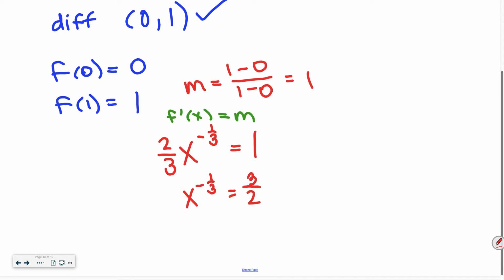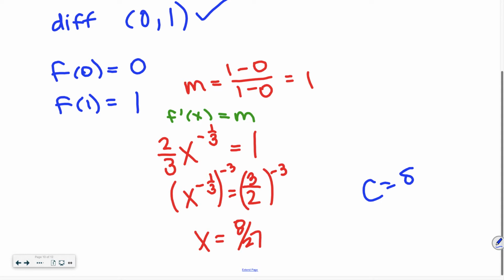Now, to get rid of the negative 1/3 power, we cube it, but since it's negative, it'd be a negative cube. Which all that means is 3/2 cubed would be 27/8. So 3/2 to the negative third would be 8/27, because we'd have to flip it. Okay. So our c value is 8/27.